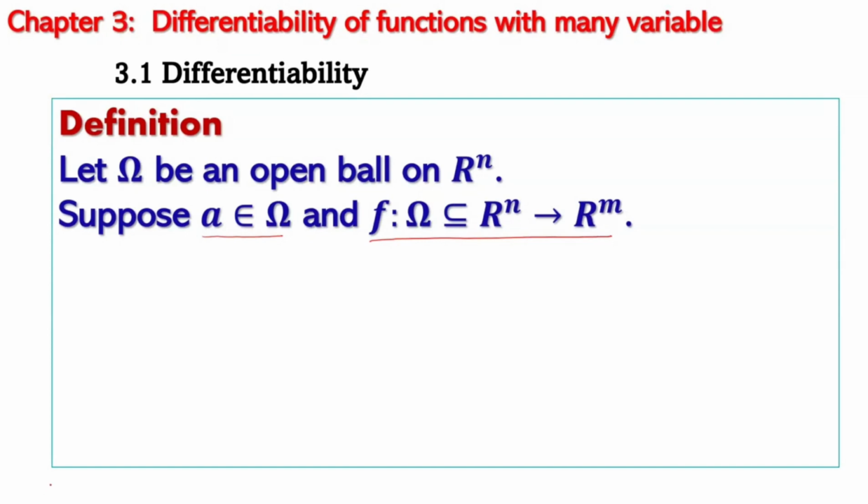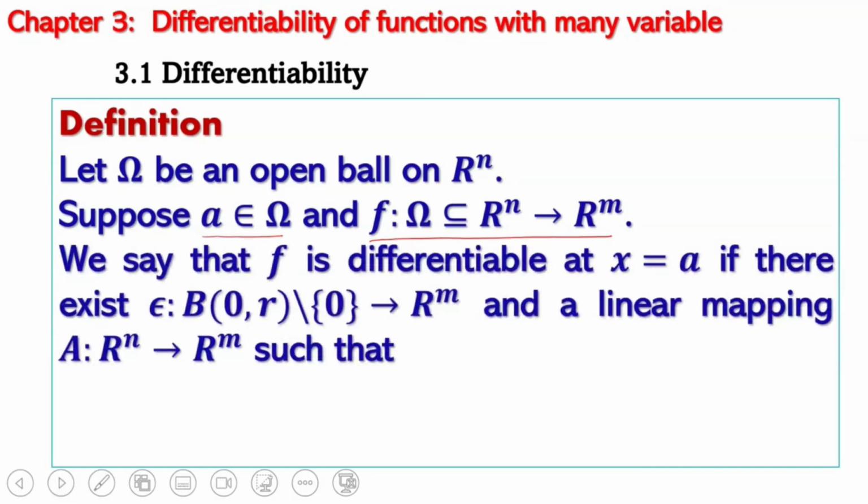Then f is differentiable at the point x equal to a if there exists a function epsilon from B(0,r) to Rm and a linear mapping A from Rn to Rm.